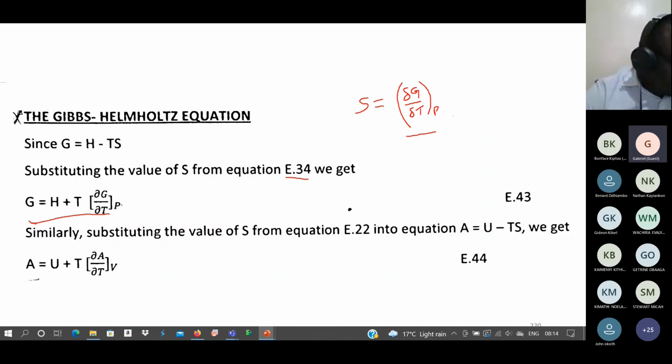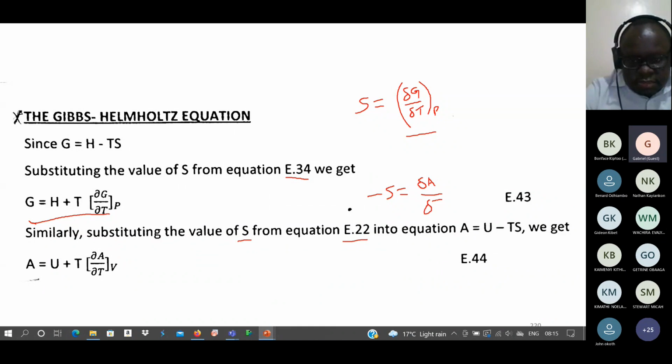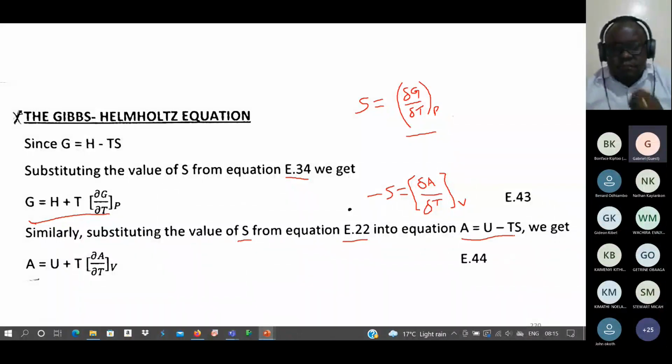Now similarly, when you substitute the value of S from equation E22, now equation E22 essentially said that minus S is given by delta A over delta T at constant V. So if you substitute that into this equation for the Helmholtz free energy, we get this expression here.